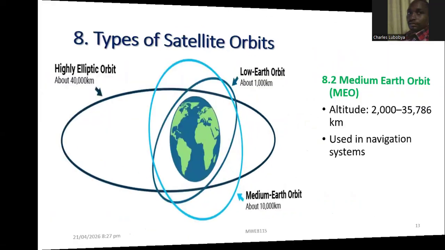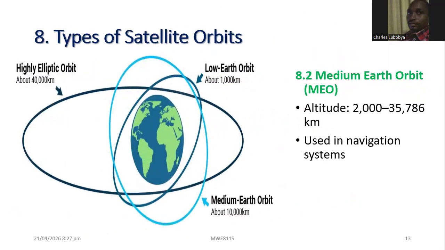Next, you've got what is known as the medium Earth orbit satellites. This one will be between 2,000 and 36,000 kilometers. So you launch it at a height from the center of the Earth between 2,000 and 35,000. Most of them are launched at around 10,000 kilometers from the center of the Earth.